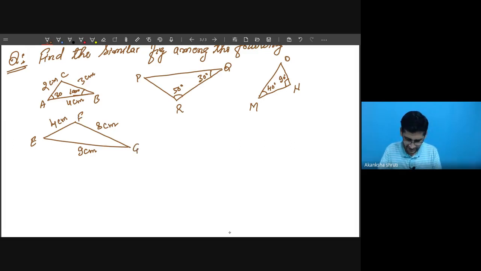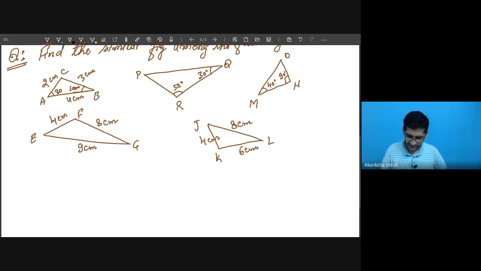Another, let me take like this one, JKL. Let me write this as 8 centimeter, this is 6 centimeter, and this is 4 centimeter. I think this much is enough.